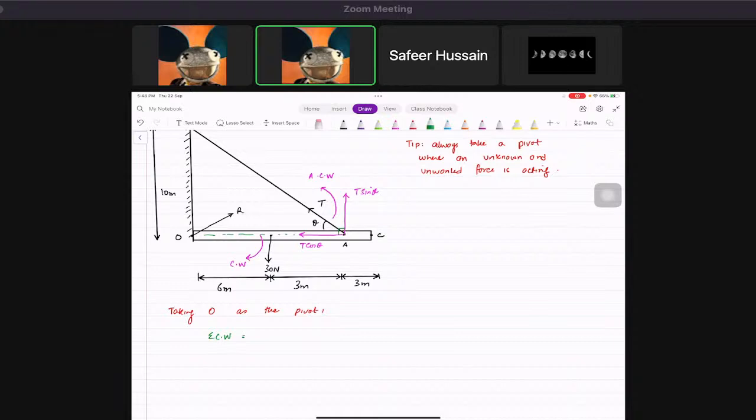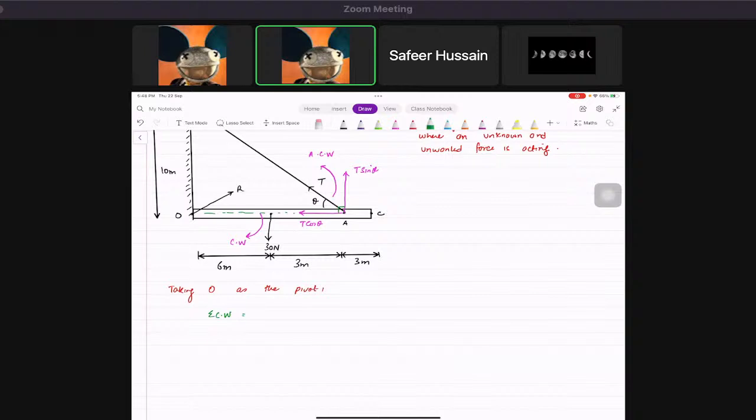Okay. So sum of clockwise moment equals sum of anti-clockwise. So clockwise one is 30 times 6, anti-clockwise one is t sine theta times 9. So this comes out to be 30 times 6 divided by 9, which is basically 20. And now I have two unknowns, theta and t. So I can look at the figure.